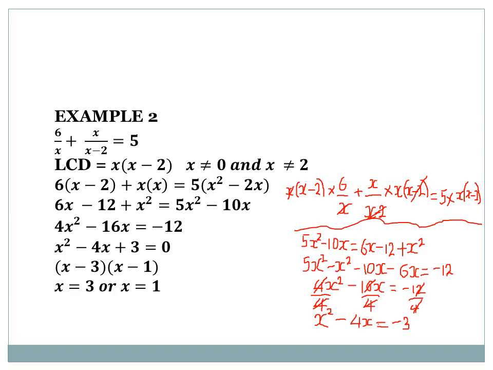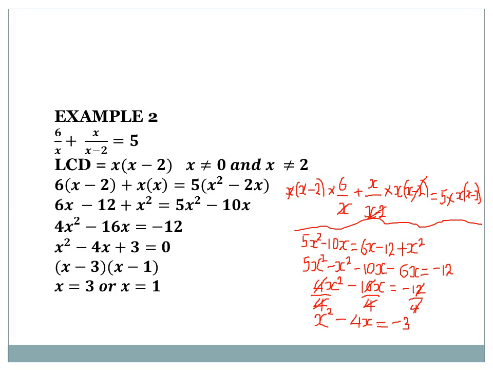And negative 16x divided by 4 will give us negative 4. And negative 12 divided by 4 will give us negative 3. So we are going to have x to the power 2 minus 4x is equals to negative 3.